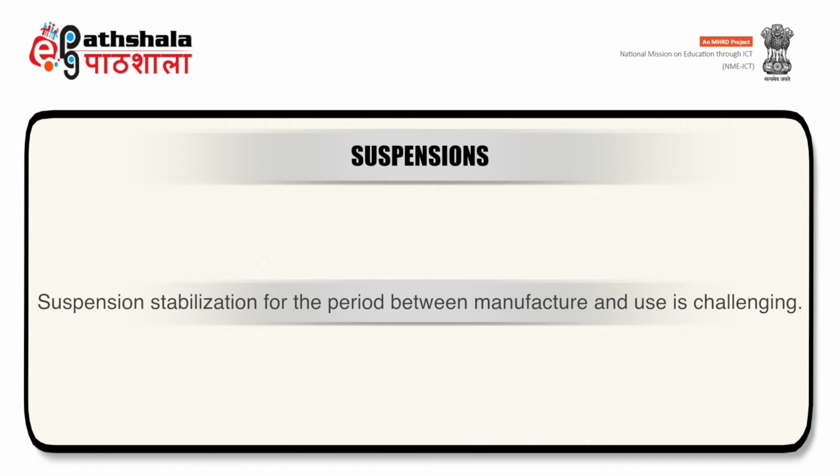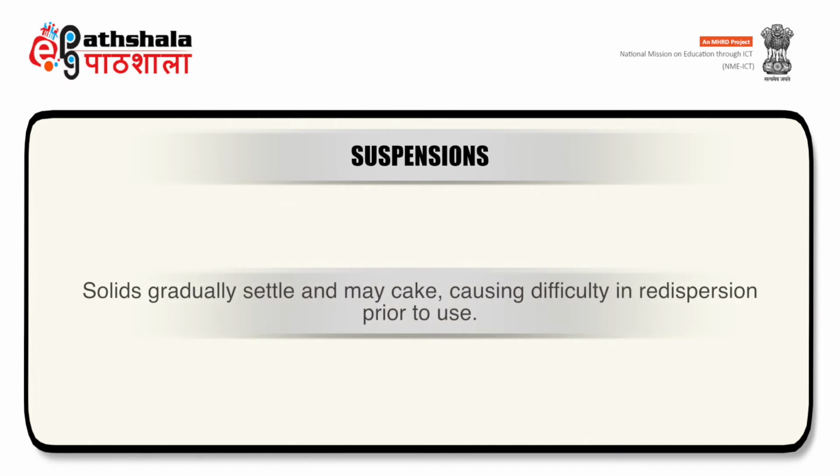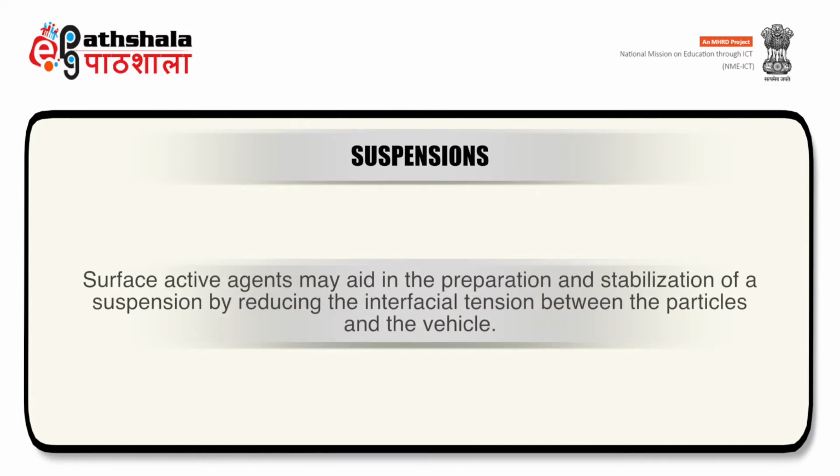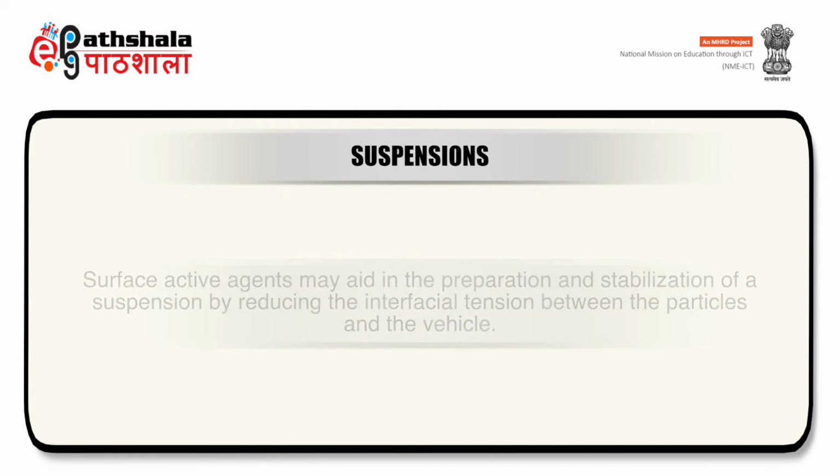Suspension stabilization for the period between manufacture and use is challenging. Solids gradually settle and may cake, causing difficulty in redispersion prior to use. Surface active agents may help in the preparation and stabilization of a suspension by reducing the interfacial tension between particles and vehicle.